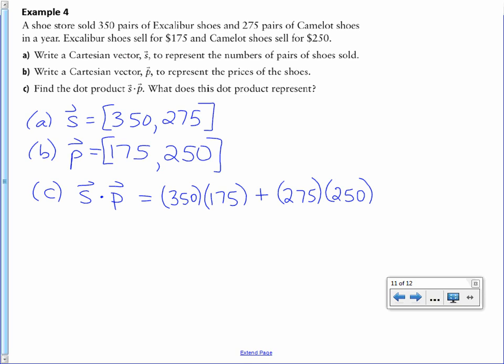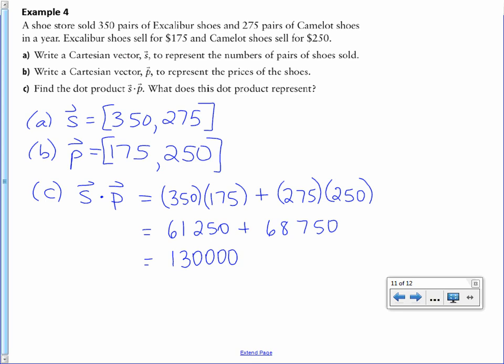So I'm going to do it in pieces again, just to see the visual of how everything gets calculated. 350 times 175 is 61,250. 275 times 250 is 68,750. And if you add those two dollar amounts together, you get 130,000.